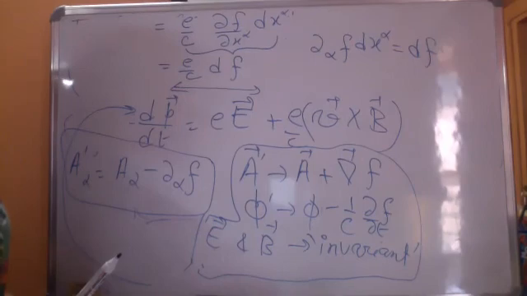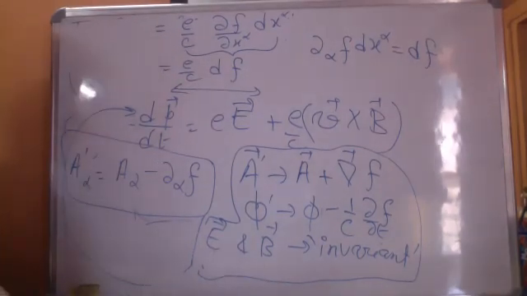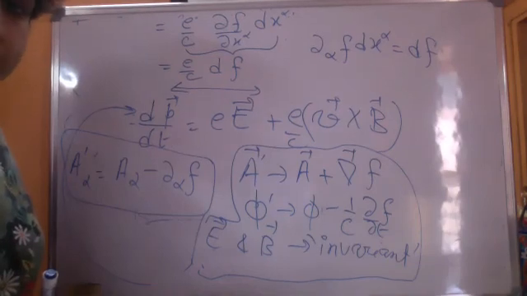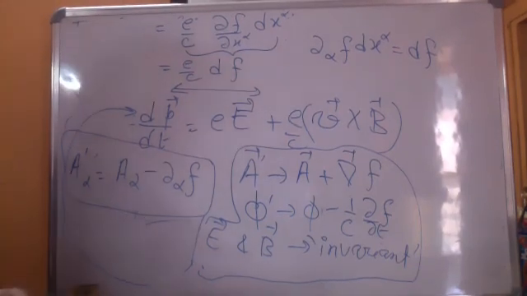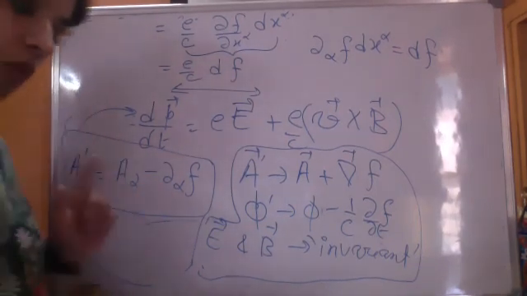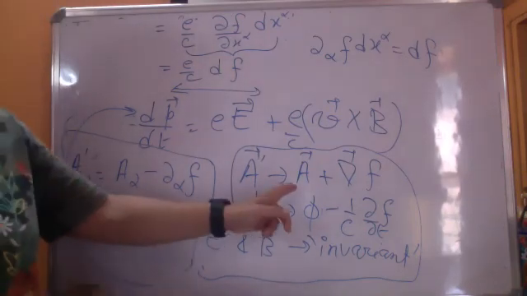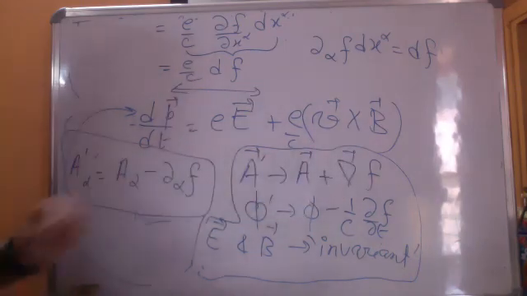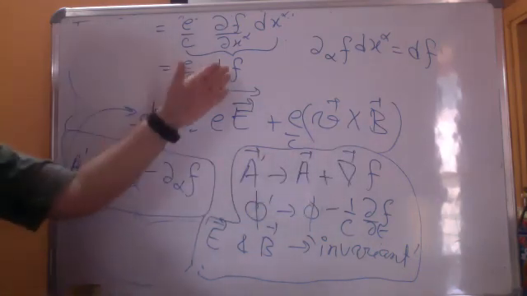So that means, first thing, my A and phi are not uniquely determined. It is always possible to redefine my A as some A plus the gradient of some arbitrary function f.